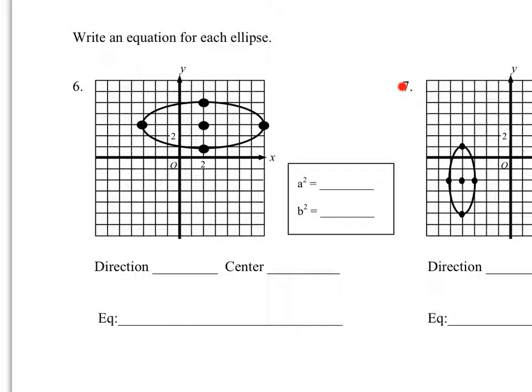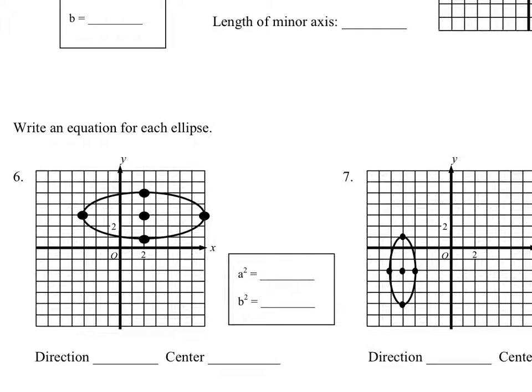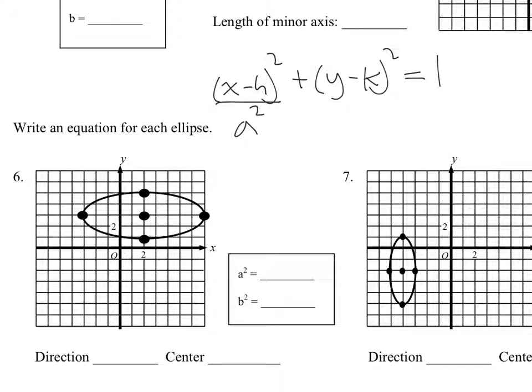So again, just to help us out here, the equations, we have x minus h squared plus y minus k squared equals 1. And if the a is underneath the x, it's going to be horizontal. So for this particular equation for number 6, we can clearly see that this is a horizontal ellipse, so therefore we would use this equation, okay?